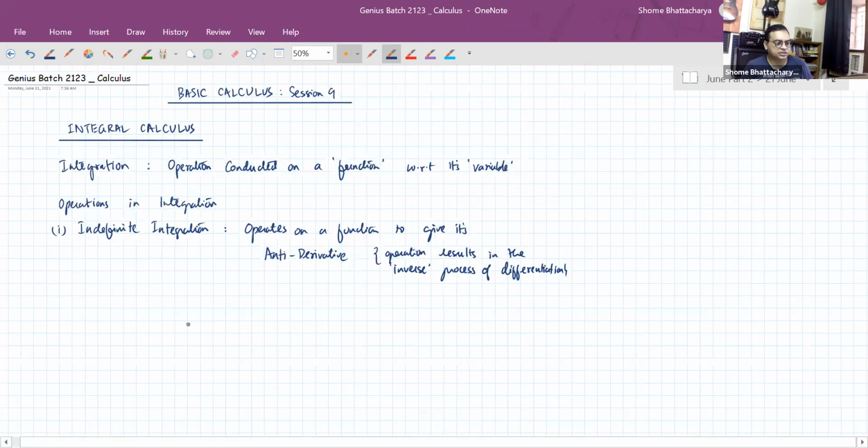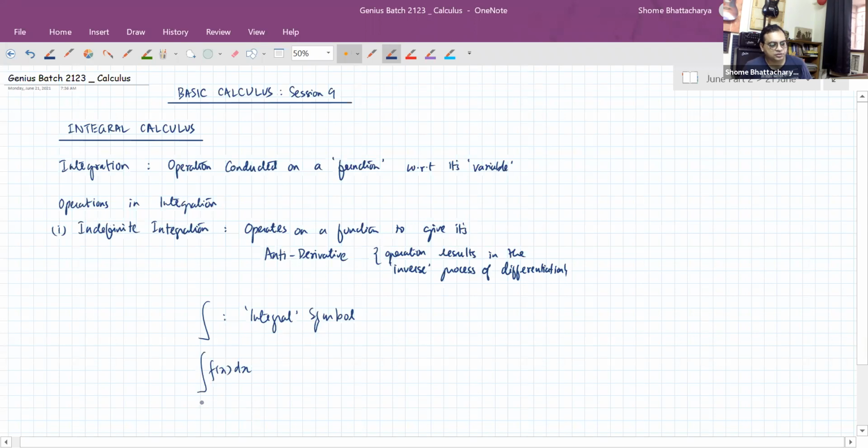So first of all, the symbol for indefinite integration is called the integral symbol. Integration is applied to a function with respect to its variable.